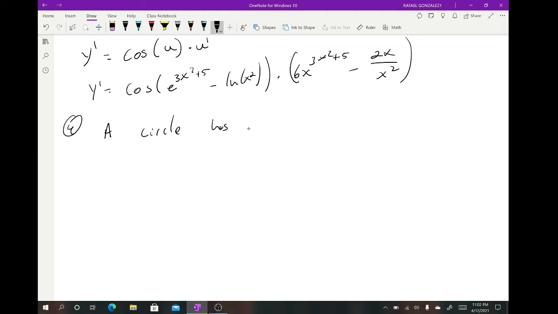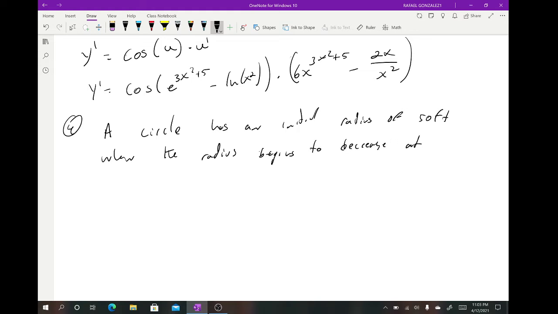that has an initial radius of 50 feet. When the radius begins to decrease at a rate of 4 feet per minute.